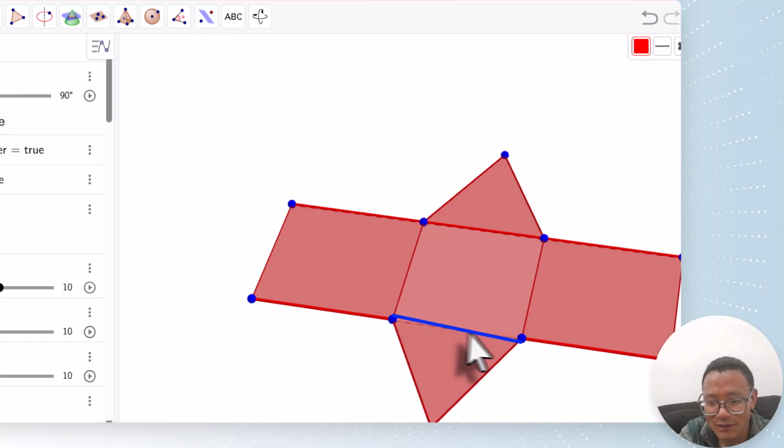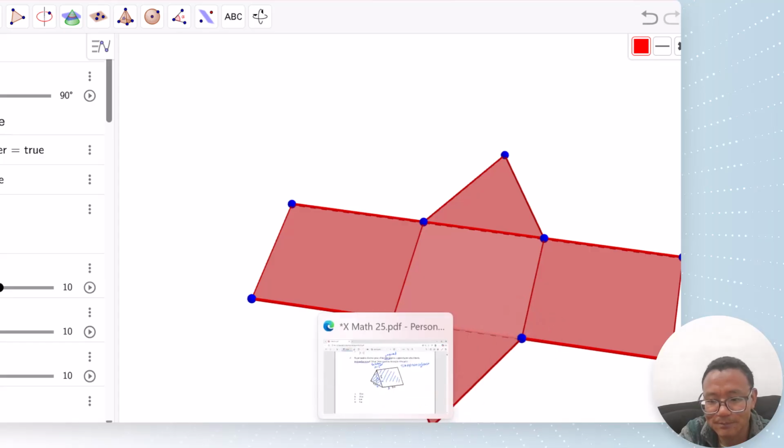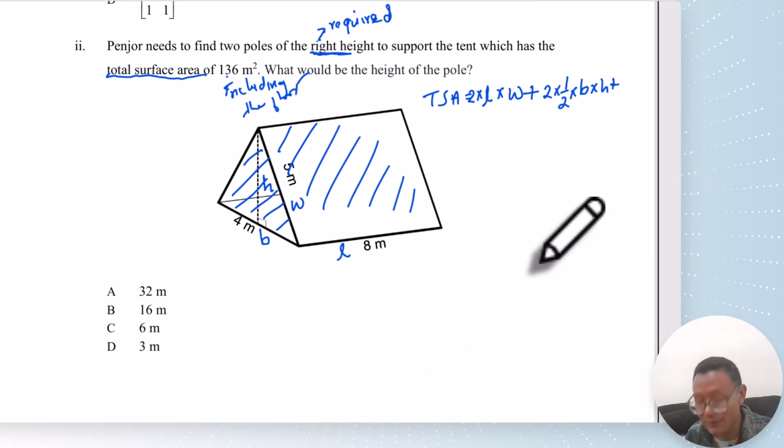The base of the triangle is b, so we have to multiply length times b. In the rectangle I have labeled this one as b, so I'm multiplying by b.